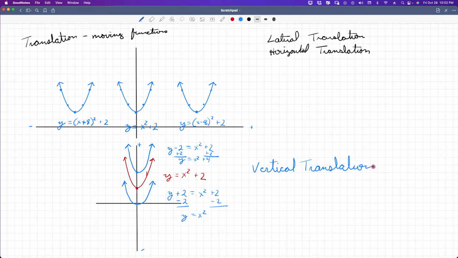Vertical translation. All right, so our properties are, for lateral translation or horizontal translation, when we move to the left, we add to the x value. When we move to the right, we subtract from the x value, and we don't adjust.